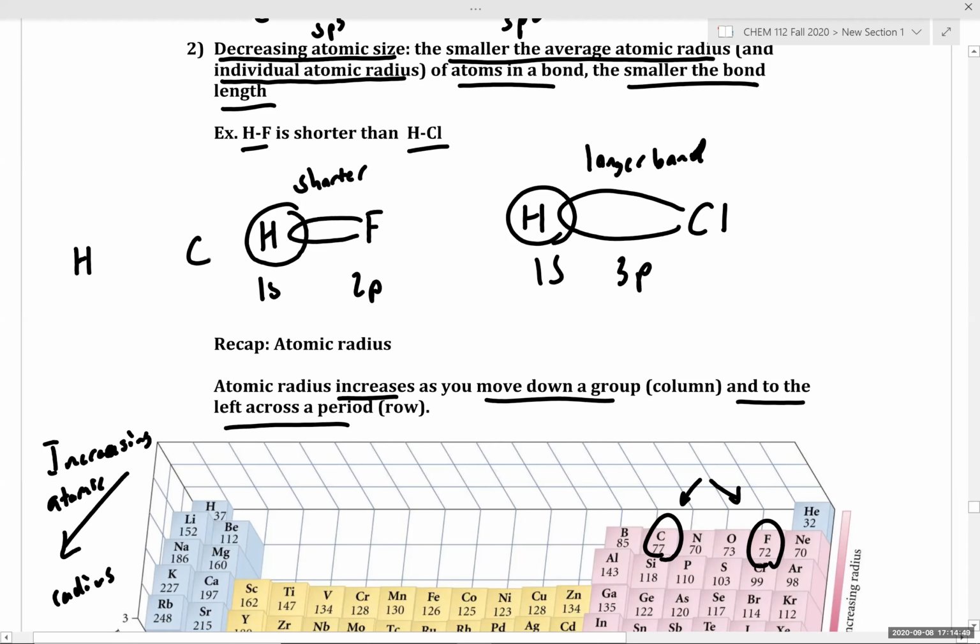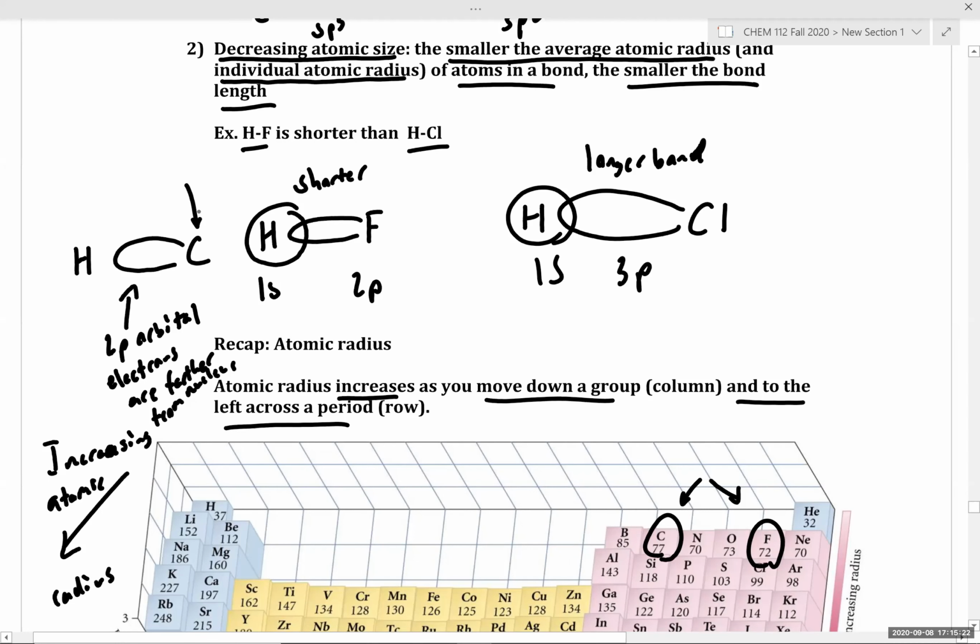And further, building on that, the carbon 2p orbital extends farther from the nucleus. The 2p orbital electrons are farther from the nucleus.